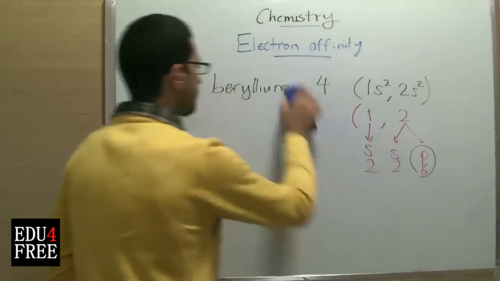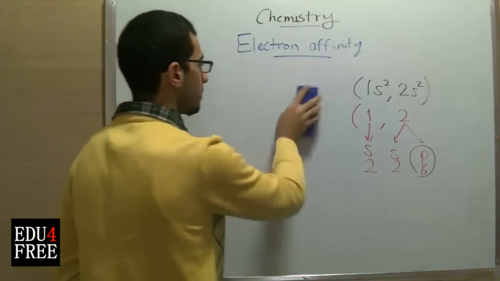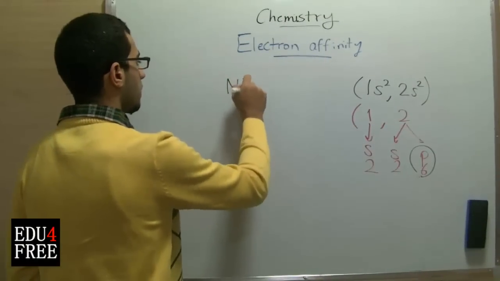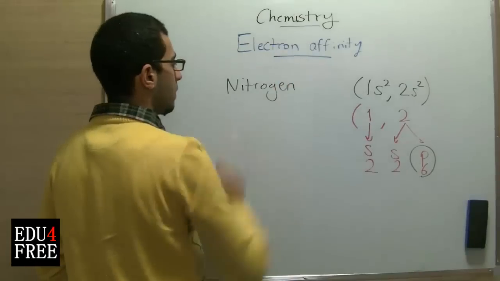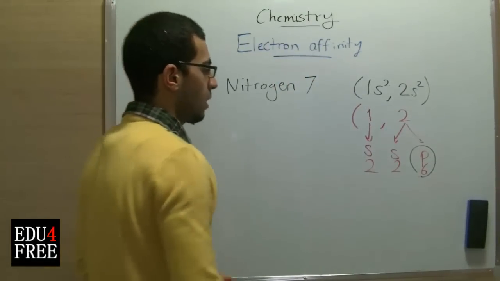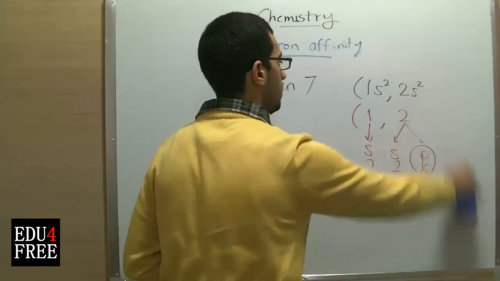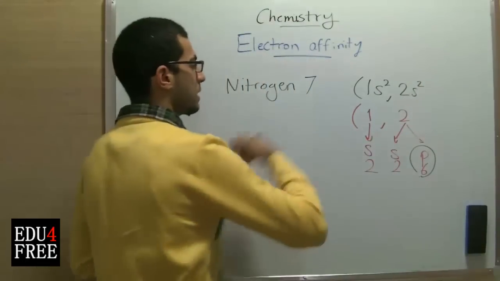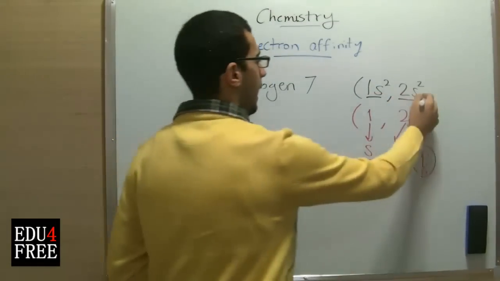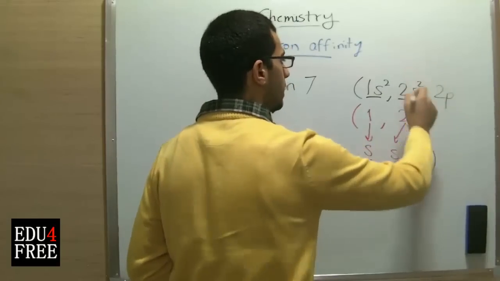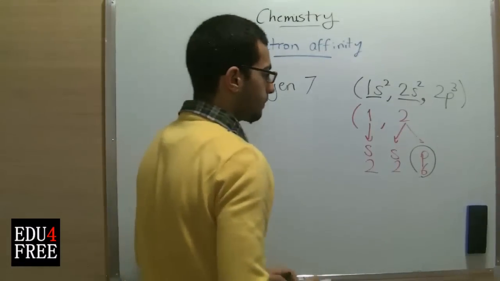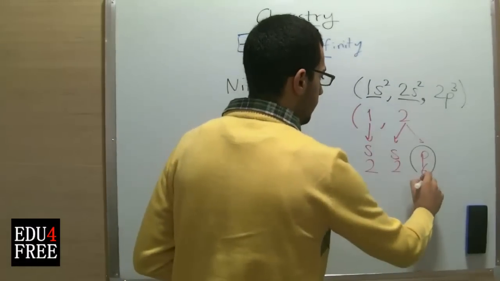Now, in nitrogen, we have 7 electrons. So we have the 1s sublevel completely filled, the 2s sublevel completely filled, and in the p sublevel of the second energy level, we have 3 electrons. So now we have 3 out of 6.